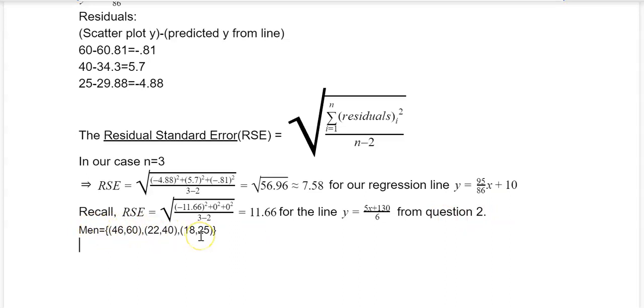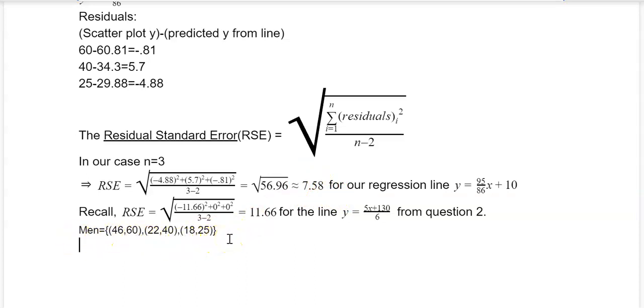I mentioned in the last video that the regression line gives the smallest RSE for your scatter plot. So you can see this RSE was 7.58, and the one for that line was 11.66. You cannot beat 7.58. That's the smallest RSE for this scatter plot.